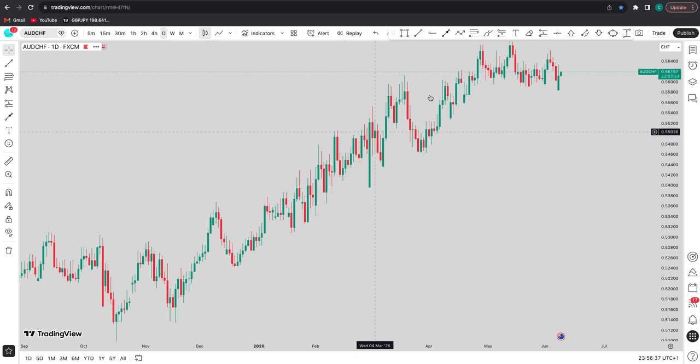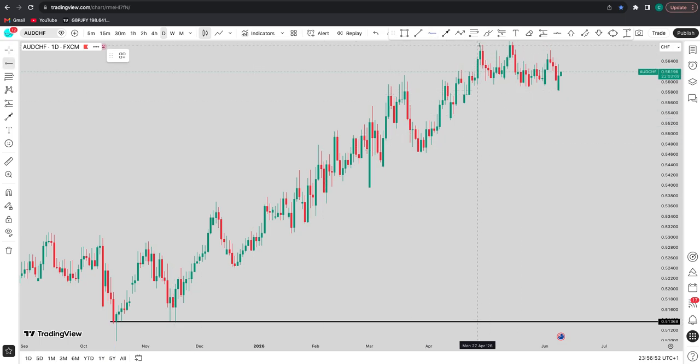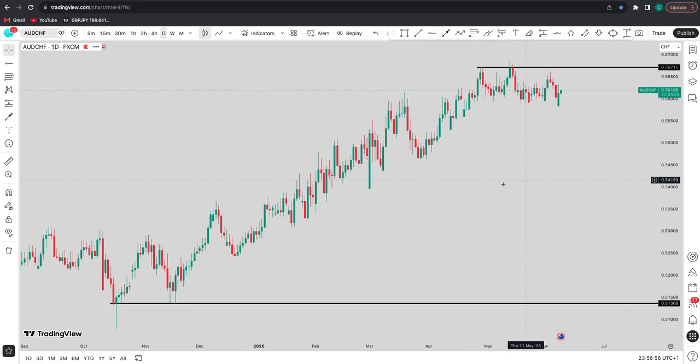Since we are on a bullish trend, let's identify the support and resistance levels on this trend, starting from the main move. That's somewhere around here. So this is the market.